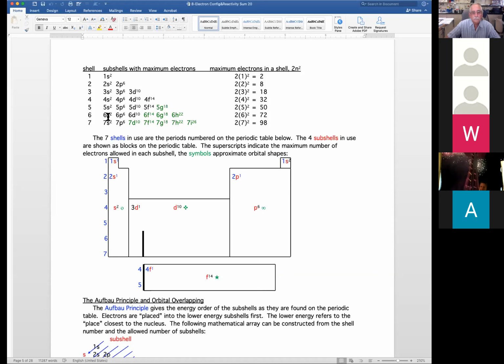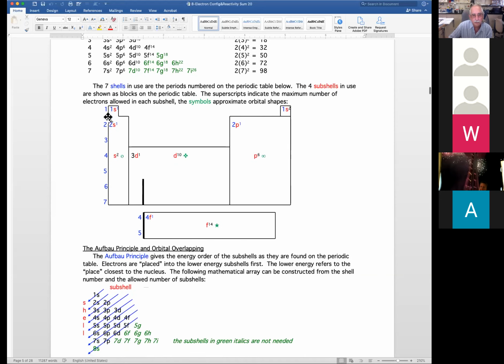So here's the 7 shells on the periodic table. You can see that shell number 1 fills up very quickly because it's small, it's close to the nucleus. Shell number 2, you can have 2s1, then 2s2, and now it's full. So then you got to put electrons into the p. While we're at it, you can see the organization now.